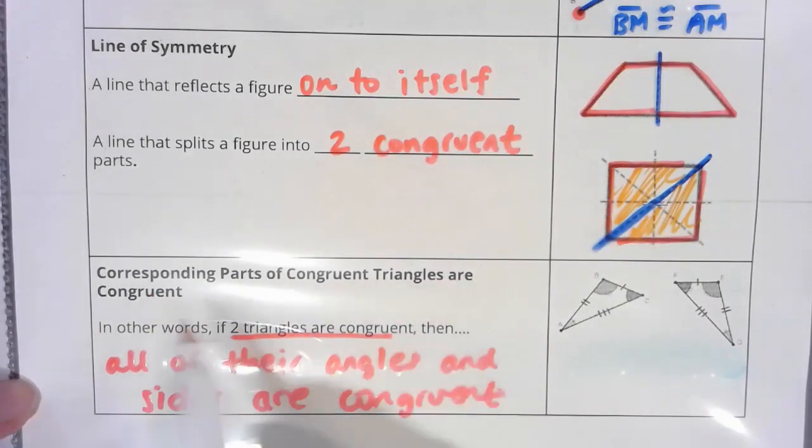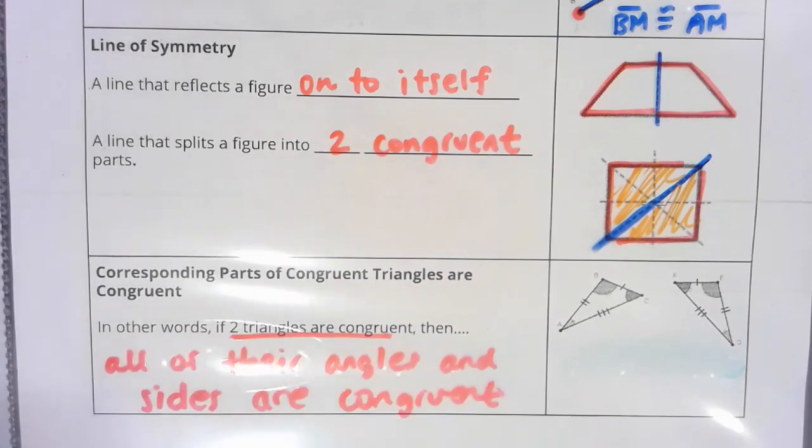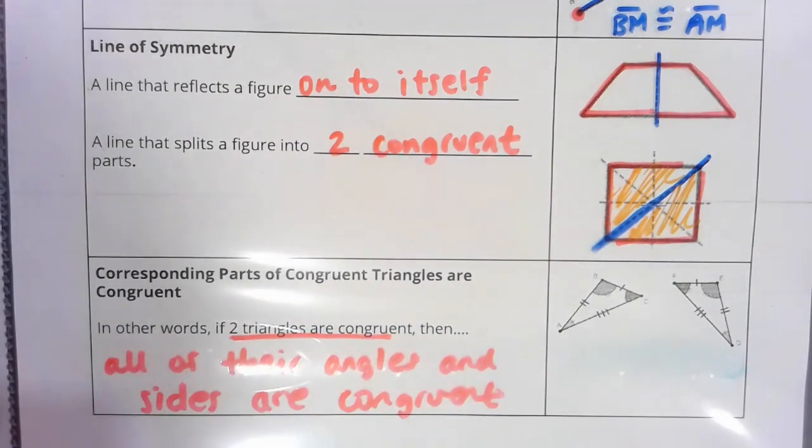Corresponding parts of congruent triangles are congruent. Okay, so now that you have this down, let's take a look at number 1.